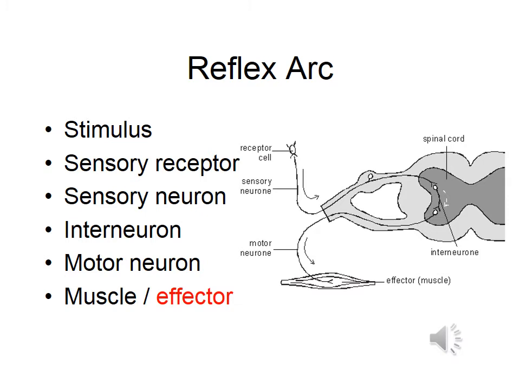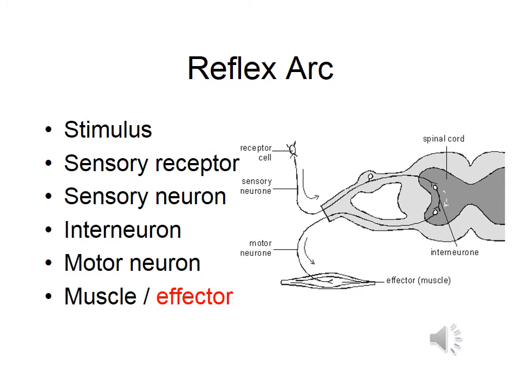In the spinal cord, there's an interneuron that basically says, should I send this message up to the brain or do I know what to do? It figures, I know what to do with this, and doesn't send the message up the spinal cord to the brain.